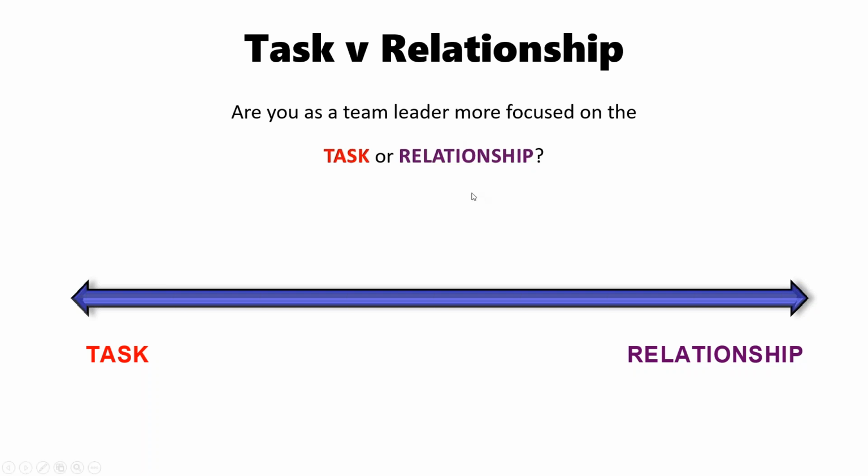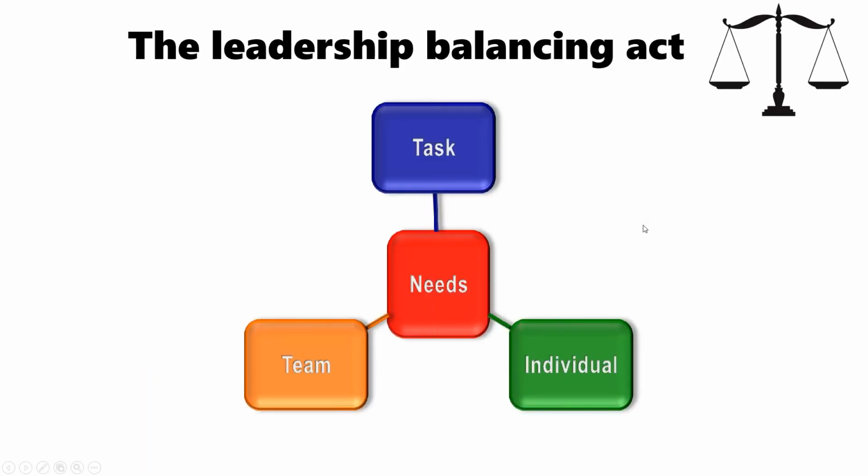And of course, it becomes a little bit more complex than that in this sense that really you can split up the task dimension, of course, is straightforward. That's technically what you do, but you can split up the relationship dimension into two subcategories. That is team relationships and individual relationships.